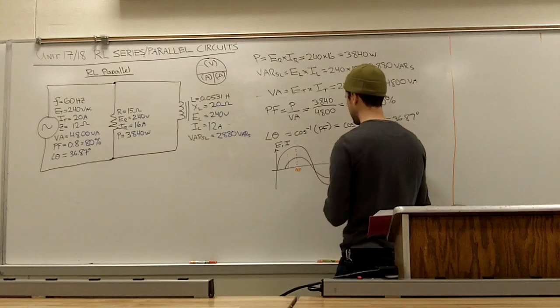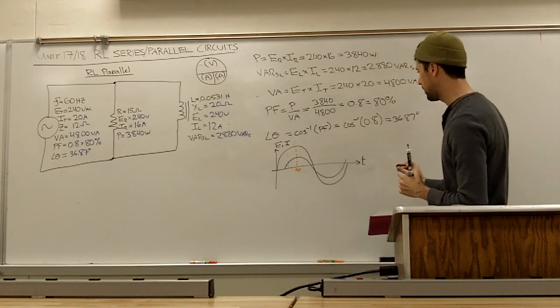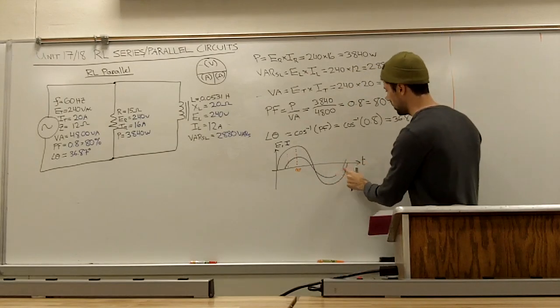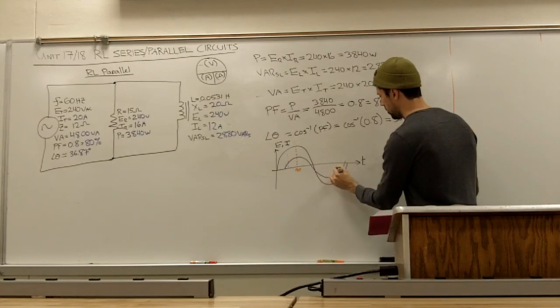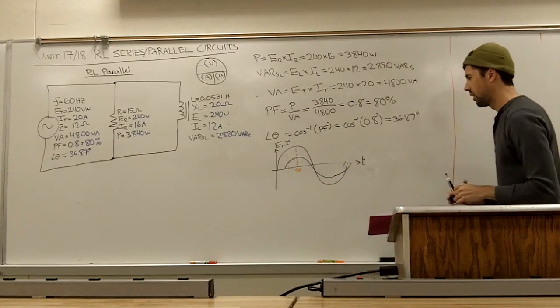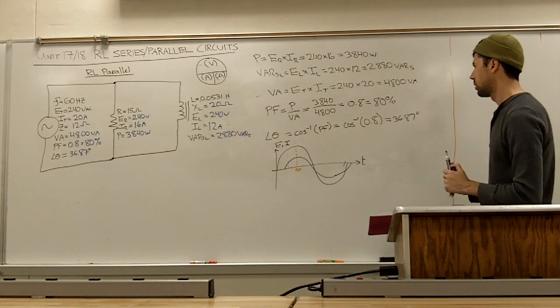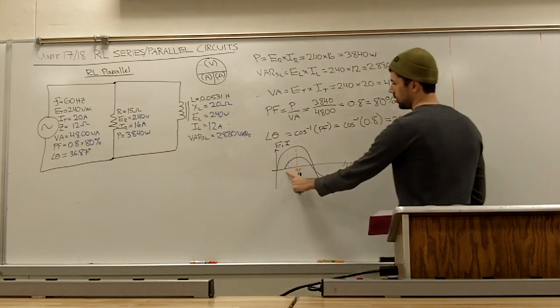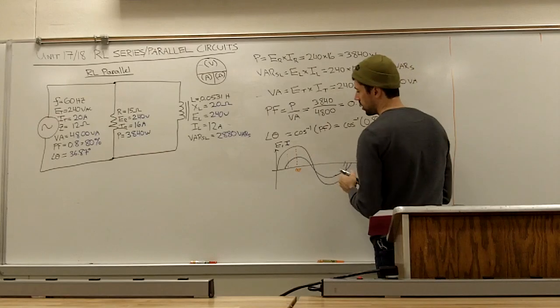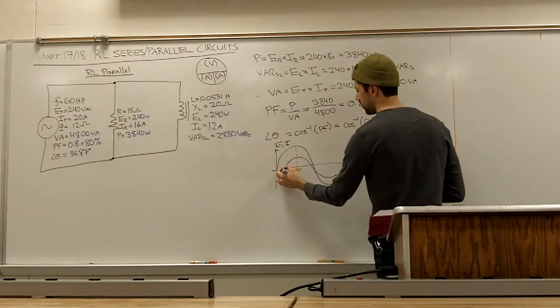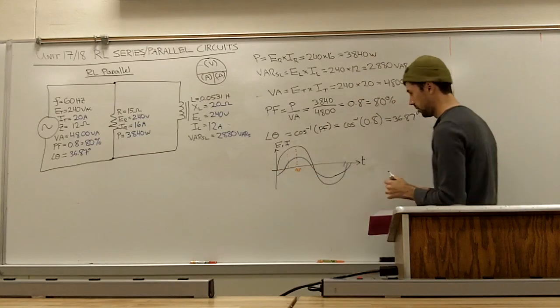So it's going to look something like that. Actually, that's going to be further. It's kind of hard to draw this accurately just on the board. So something like that. The current zero crossing is going to start about right here at about 37 degrees.